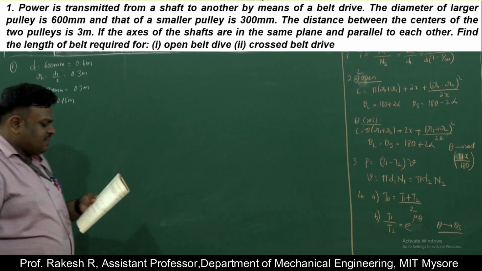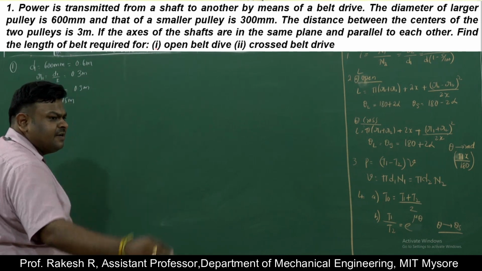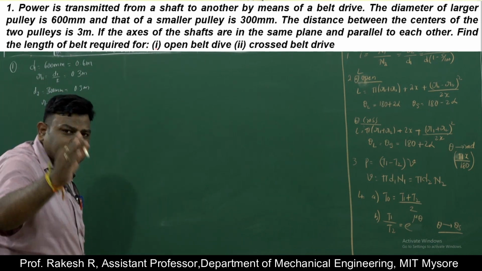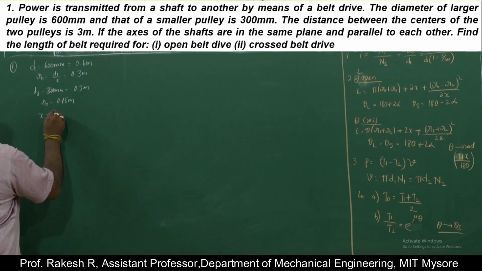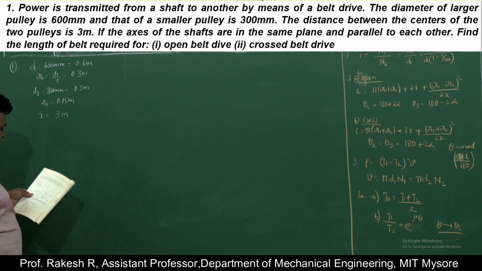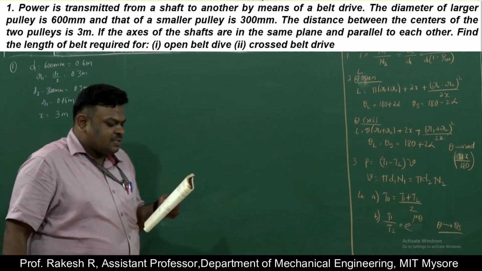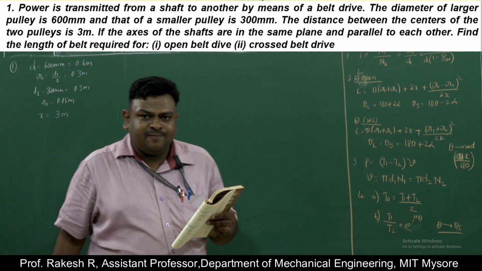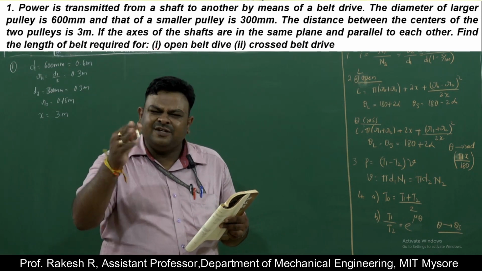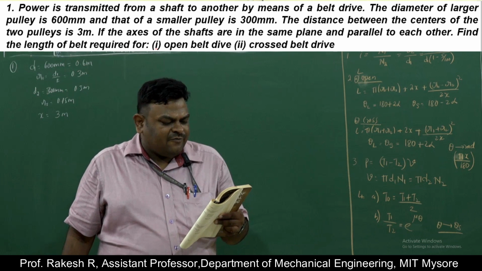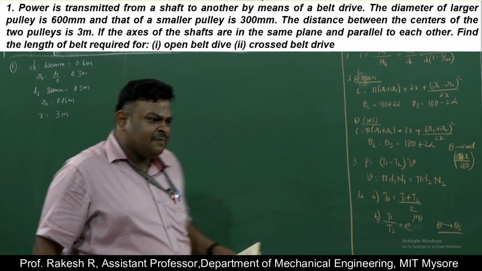The distance between the centers of the two pulleys is 3 meters. This data is x, the center distance. x is equal to 3 meters. If the axes of the two shafts are in the same plane and parallel, find the length of the belt drive.